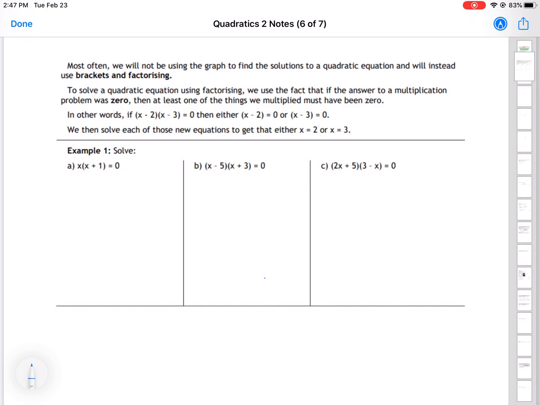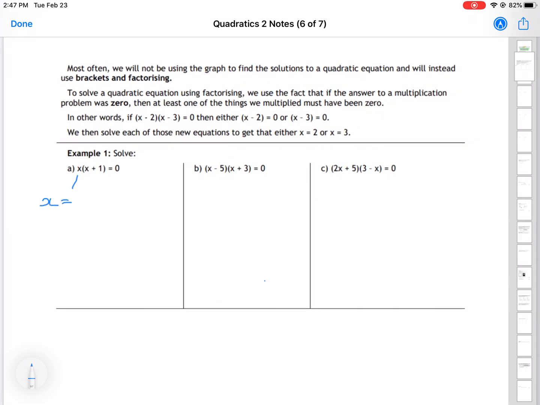The only reason you can times two things together to get 0 is if one of them is equal to 0. So for 1a, we know that either x equals 0, because one of our terms is x, or that x plus 1 equals 0.